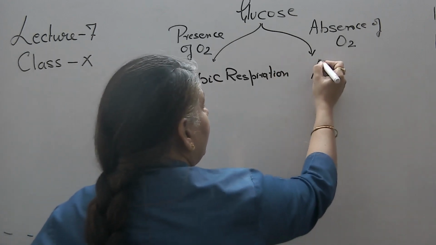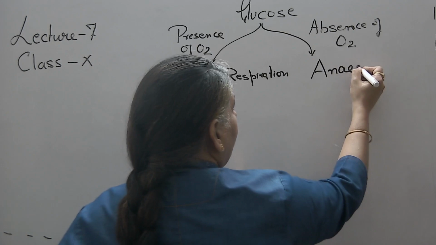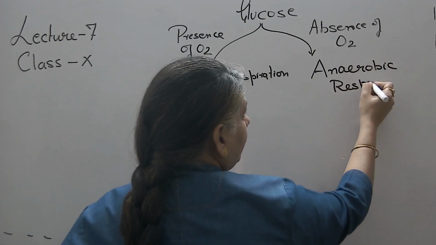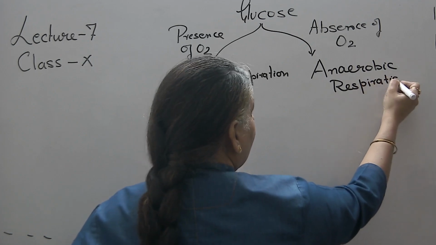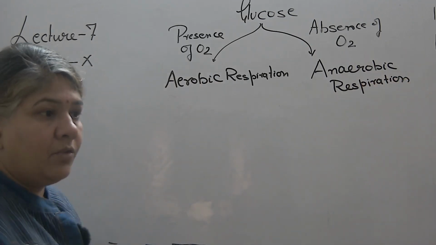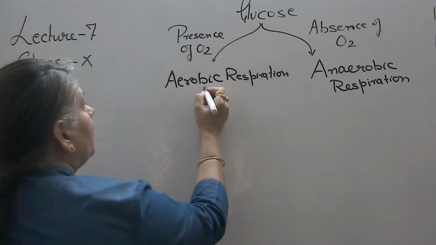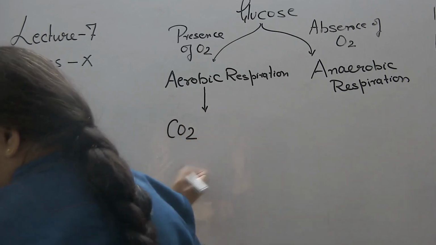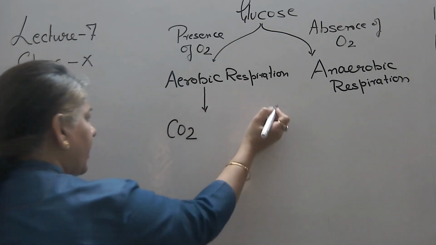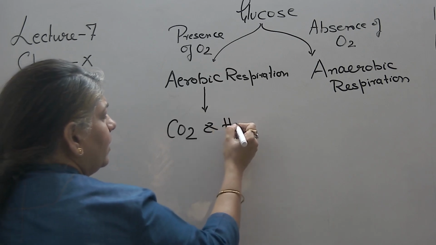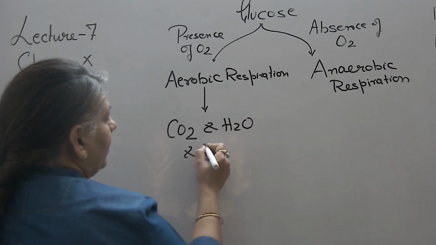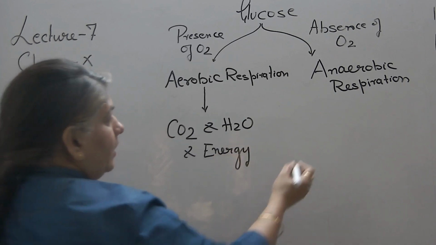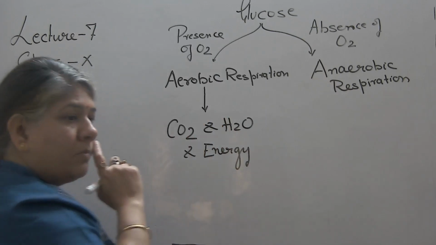And in the absence of oxygen, it is called anaerobic respiration. In the presence of oxygen, the final products obtained are carbon dioxide, water and energy. Here in anaerobic respiration the products may vary.